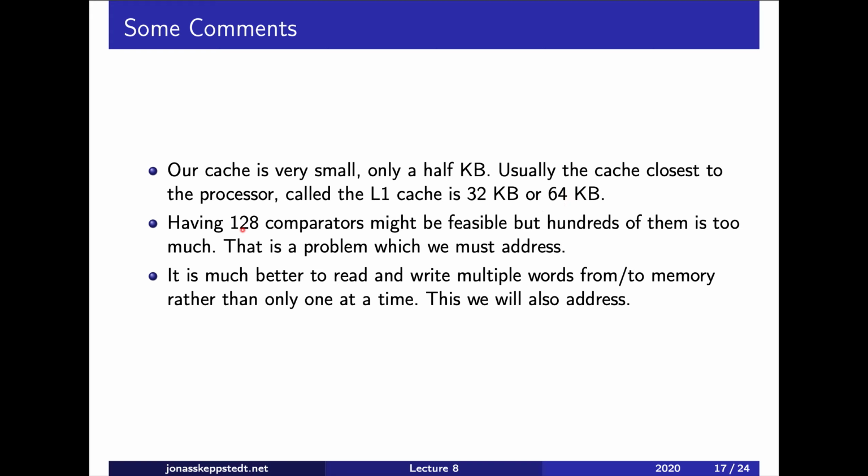We may be able to have 128 comparators, even if that's quite a lot, but having hundreds of them is not the best way to use the area of the chip. Okay, and we will see techniques to get better performance and exploit this locality better, but without wasting too much area of the chip on comparators.